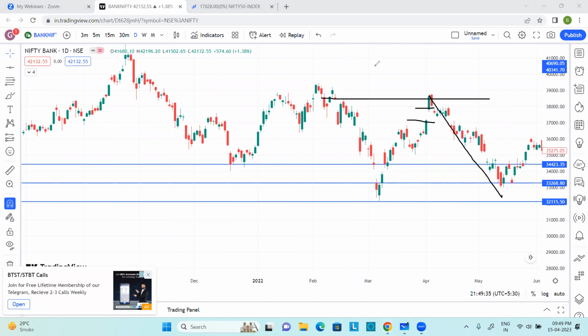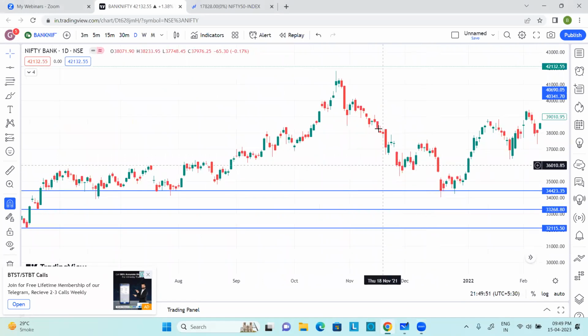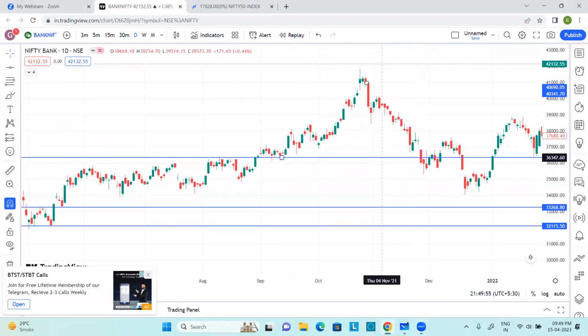Then reversal occurred, and this is a breakaway gap. Lot of things are there on a single chart. This is also a breakaway gap. This one is an exhaustion gap.